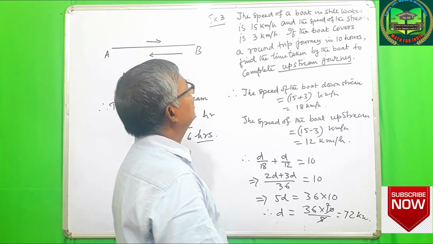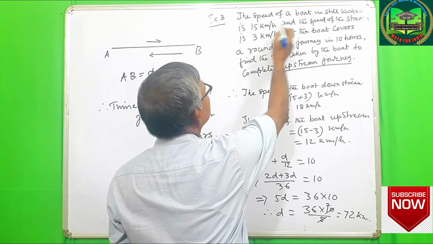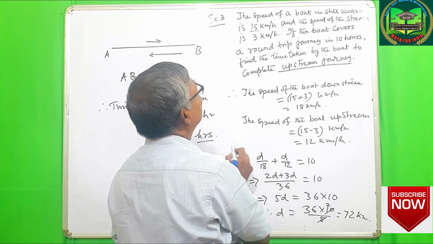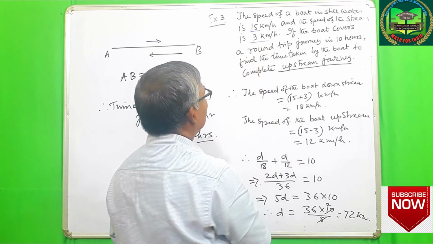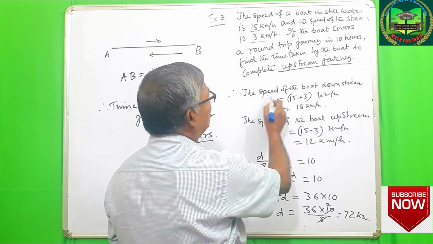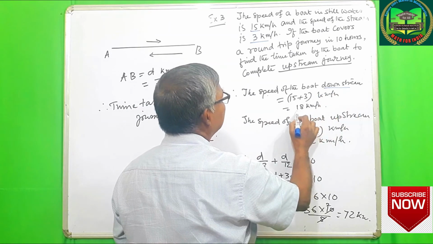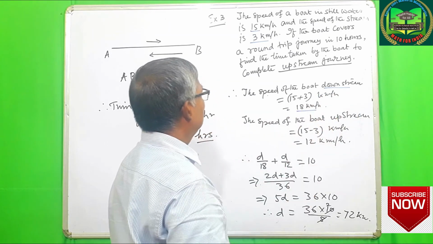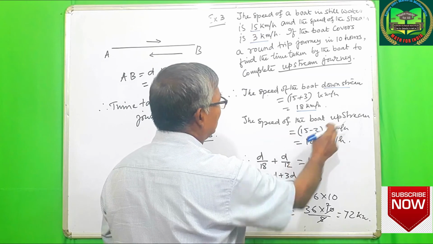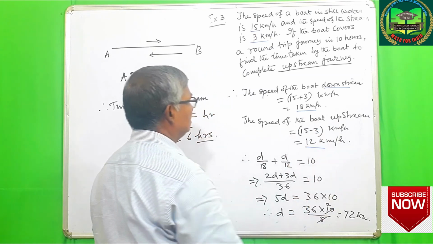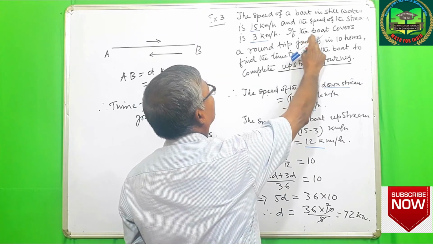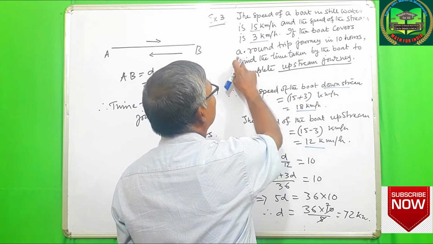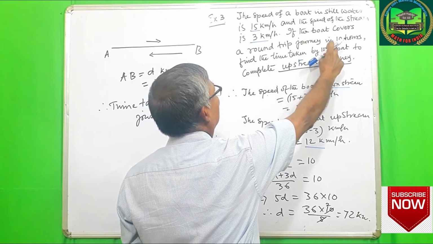Students, here given the speed of the boat in still water is 15 km per hour and speed of the stream is 3 km per hour. Therefore, speed of the boat downstream equal to 18 km per hour and speed of the boat upstream equal to 12 km per hour. Students, as per condition, the boat covers a round trip in 10 hours.